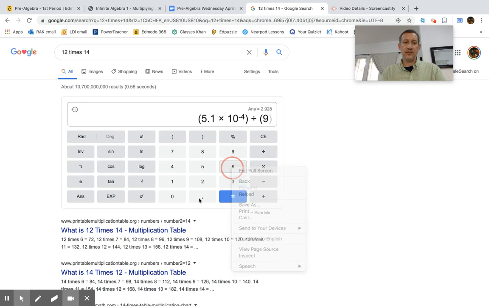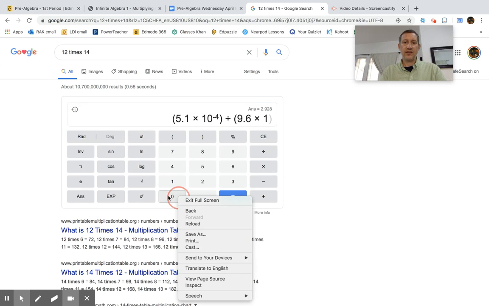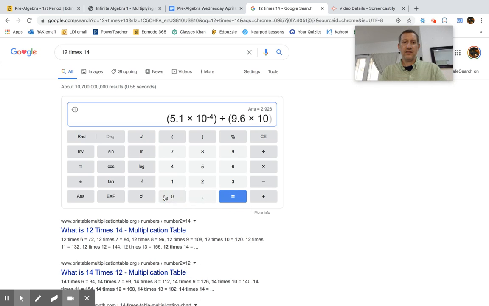Mr. John, are you really putting 10 to the 0? Yes, because I just want to make sure you see exactly how to do it. For this example, 10 to the 0 we know is 1. But I want you to see exactly how you do it. And boom, there's your answer.